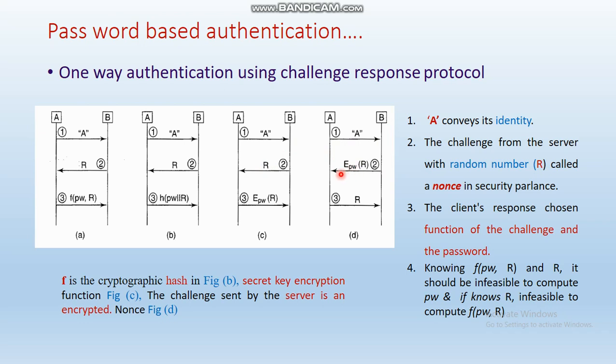Now party A has to decrypt that R value using the same password, because the password is the only thing shared between party A and B. So A knows the same password, and B also knows the same password. A can decrypt that R value using the same password, and after decryption gets back the original message, that is R. Now R is sent from A to B. So this is what the challenge response protocol is.